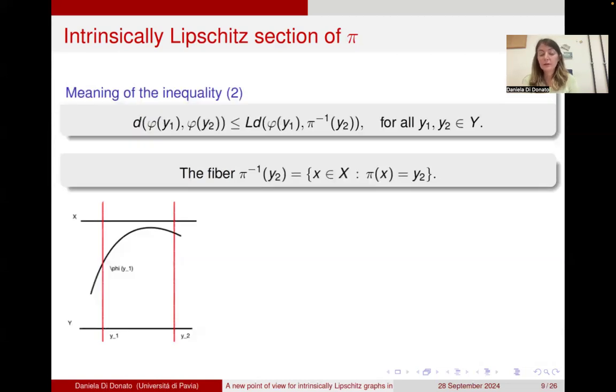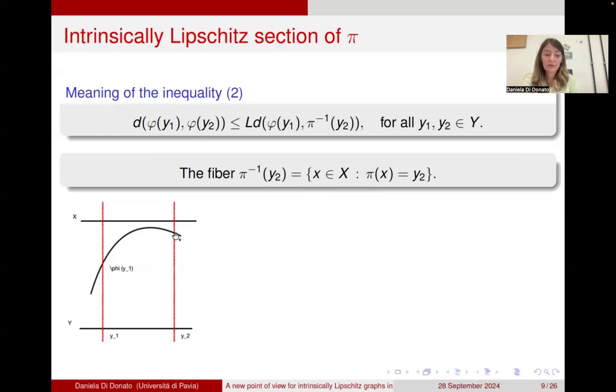The second inequality means that it is possible to compare two points, phi(y1) and phi(y2), with a point in a fiber. The fiber pi^-1(y2) is the set of points x belonging to X such that pi(x) is equal to y2.